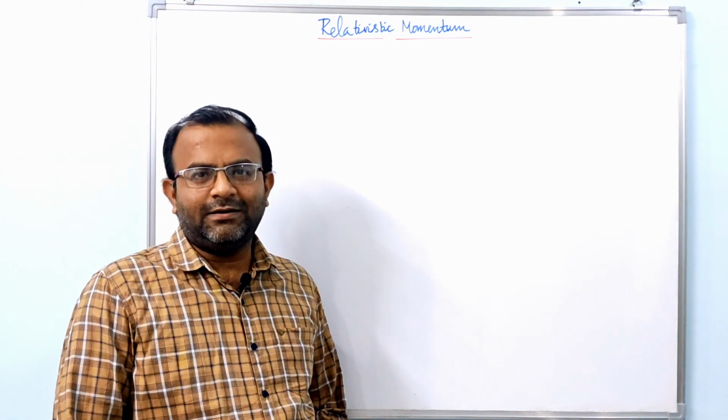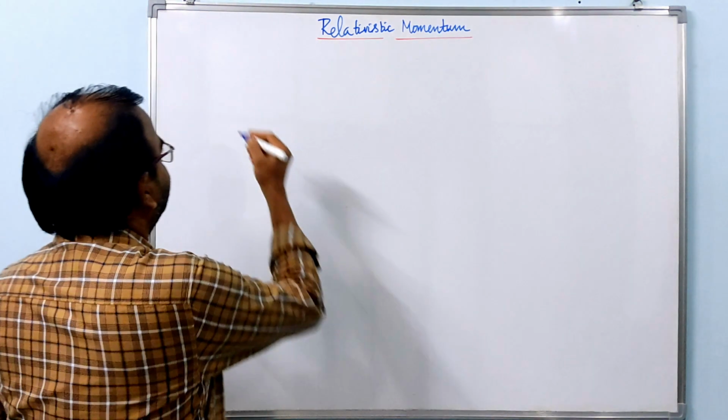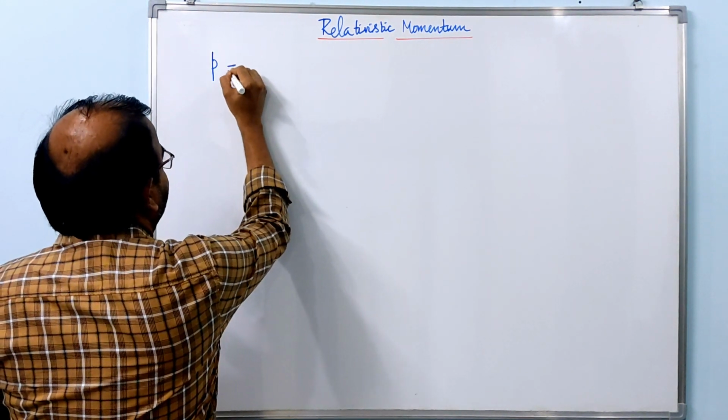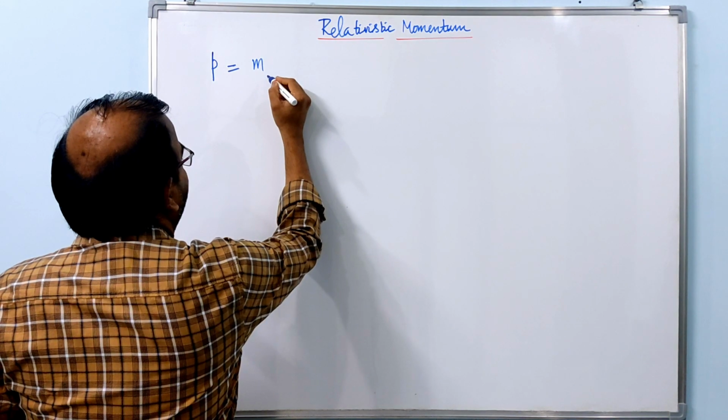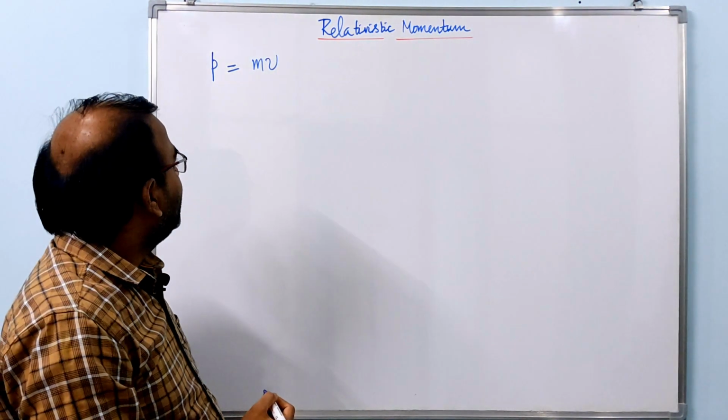We all know that in classical mechanics, the expression for momentum, denoted by P, is equal to the mass m of the object times the velocity with which it is moving. So P is equal to mv.